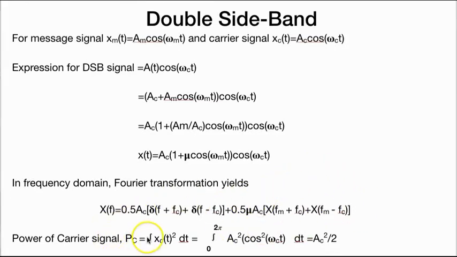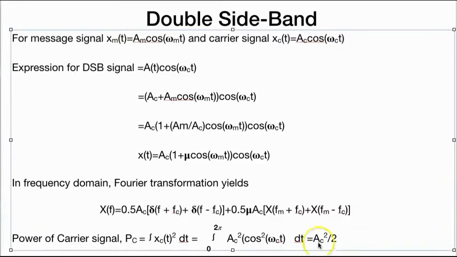To calculate the carrier power PC, we integrate our carrier signal xc(t) over dt, from 0 to 2 pi, AC square cos square omega t dt, and we get AC square by 2. Here I suggest you do the integration yourself. Though I have told you all the steps, practicing integration will help you be better at GATE, because you need to solve questions within 2 to 3 minutes.